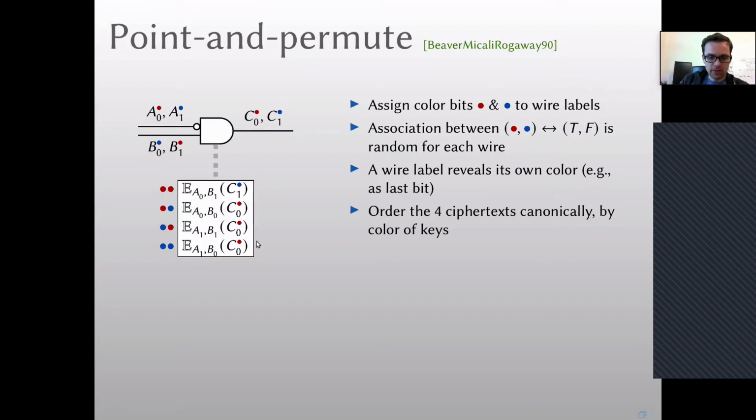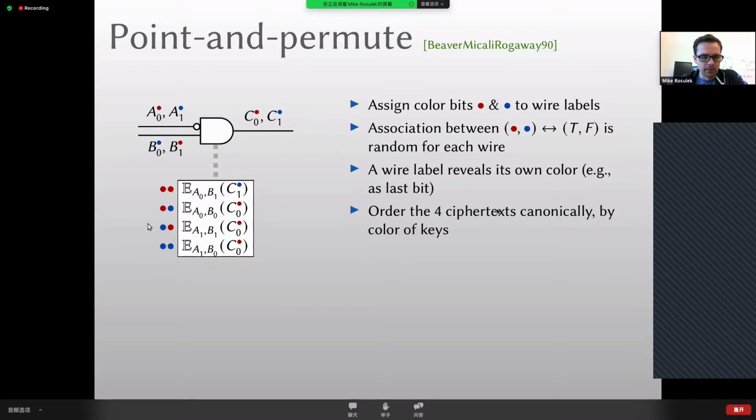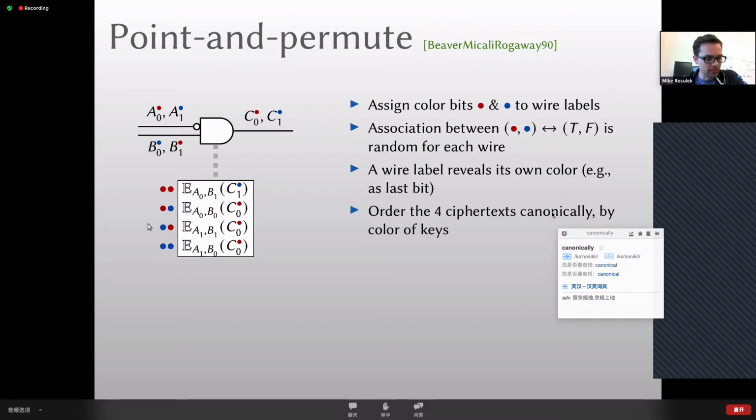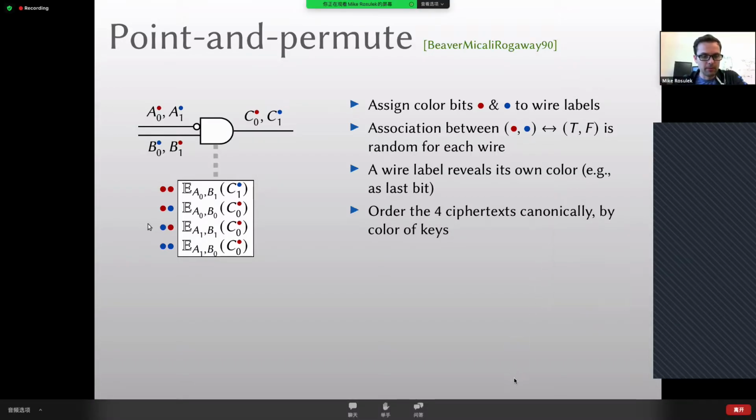Instead, you should arrange them by the keys in some standard way. So maybe in my world, we always put the red-red ciphertext first, and then the red-blue ciphertext next, and so on. Hopefully that is clear. So instead of shuffling them randomly, we shuffle them predictably according to these colors.